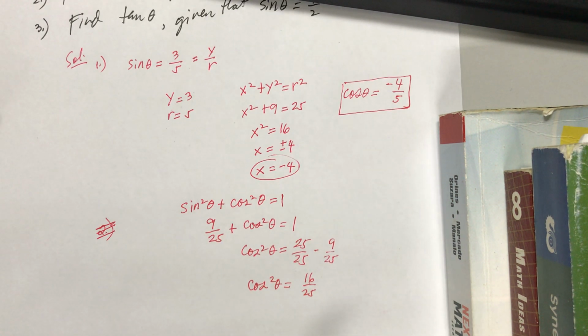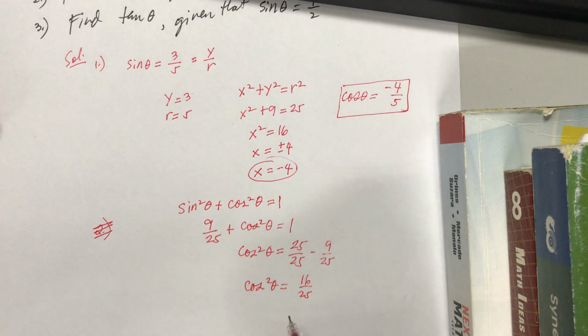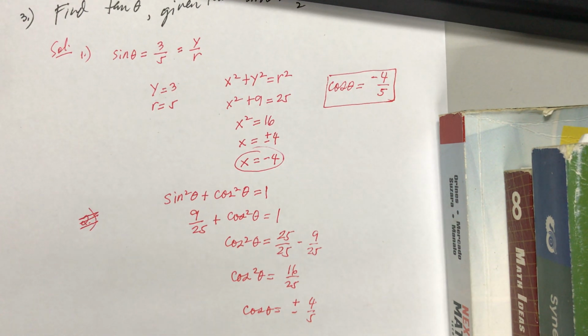Taking the square root of both sides of the equation, therefore, cosine theta would be positive or negative 4 over 5. But between the two values for cosine theta, which is either positive or negative 4 over 5, we take, of course, the negative value.